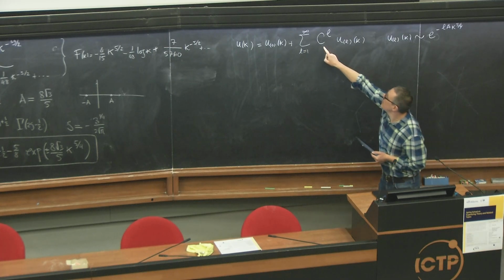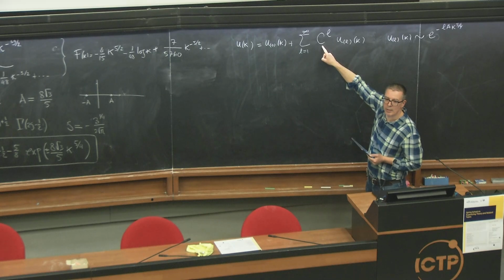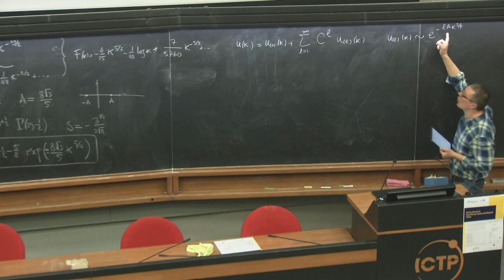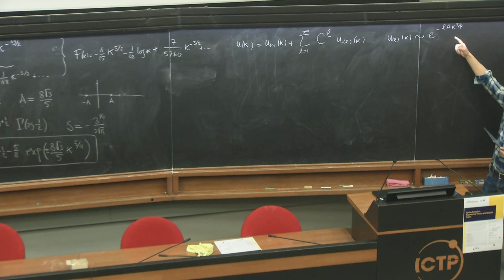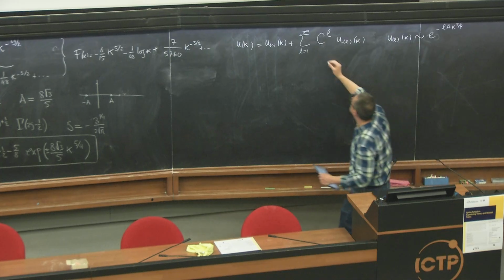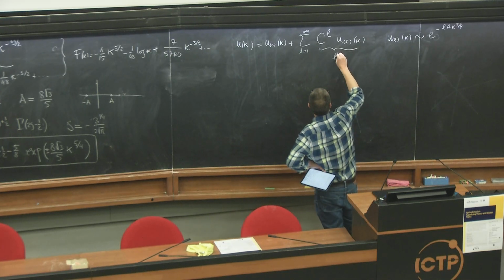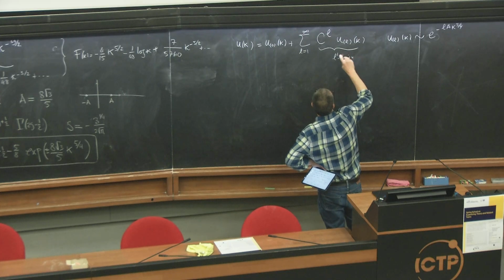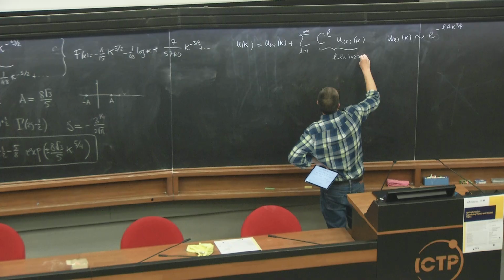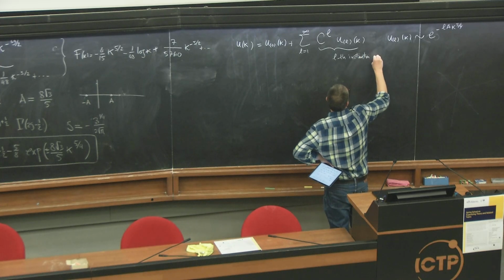So in a sense, this constant C is a variable that keeps track of the order of the exponentials. So this is, if you want, what you could call an Lth instanton correction in this theory.